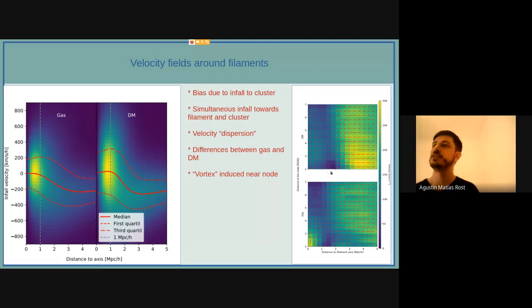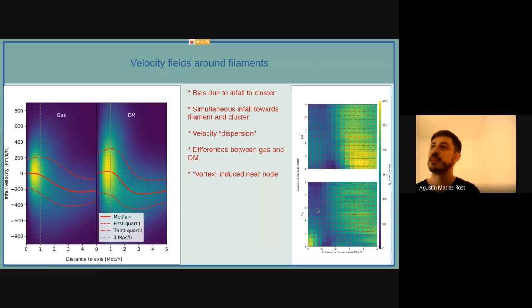If we look at the velocity fields, here I have the distance to the filament axis and the position along the filament. So for this plot, for example, the node would be around this position. We see that the material tends to flow towards the filament, and at the same time it goes towards the nodes.